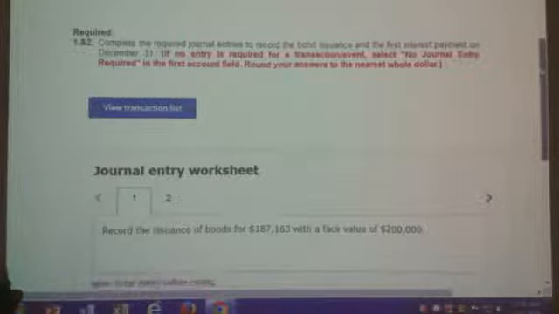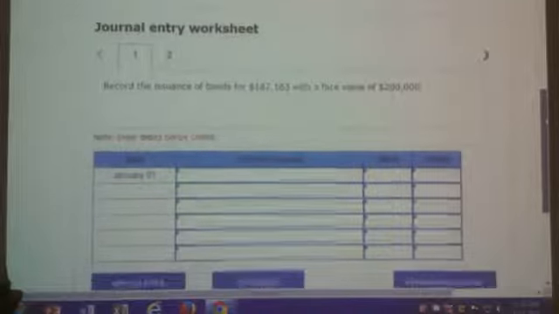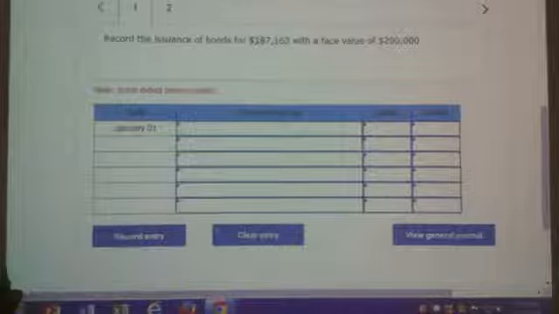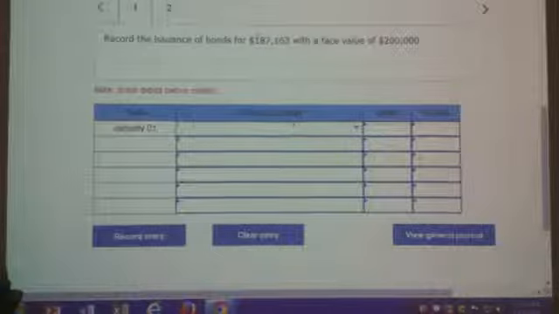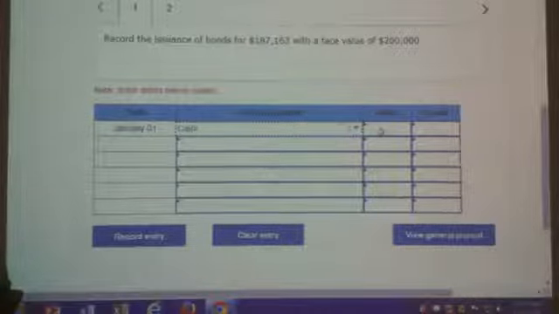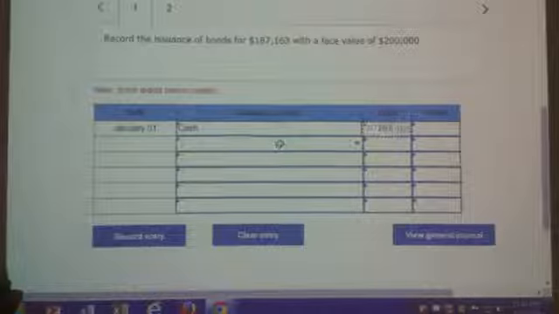Okay? So we are going to record the bond issuance first for $187,163. So that is the cash received. This is for a bonds payable.